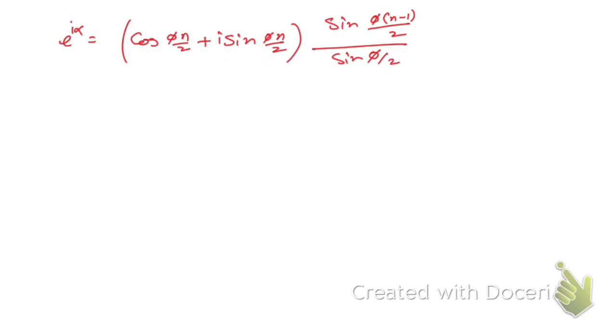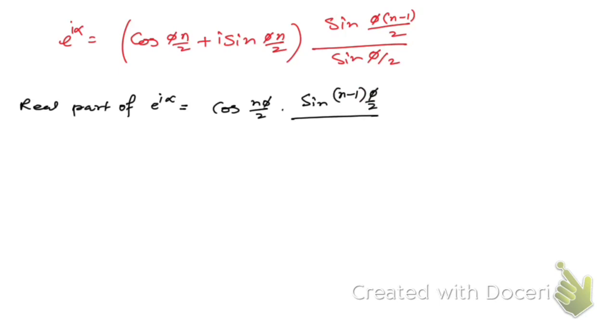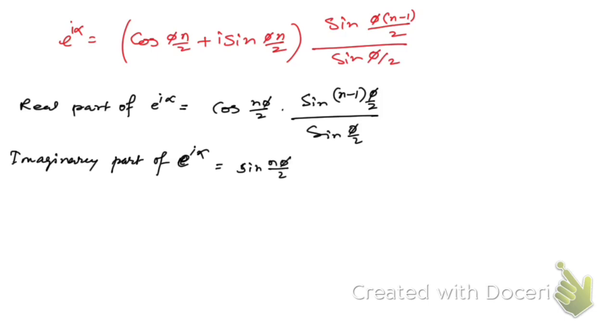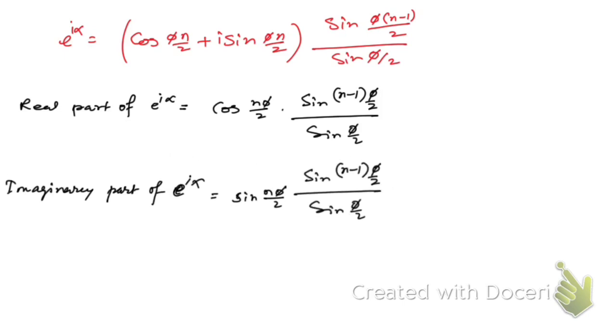So the real part of e to the power i alpha is equal to cos n phi by 2 into sin (n minus 1) phi by 2 divided by sin phi by 2, and the imaginary part of e to the power i alpha is sin n phi by 2 into the same factor. Okay, this is what we're going to have.